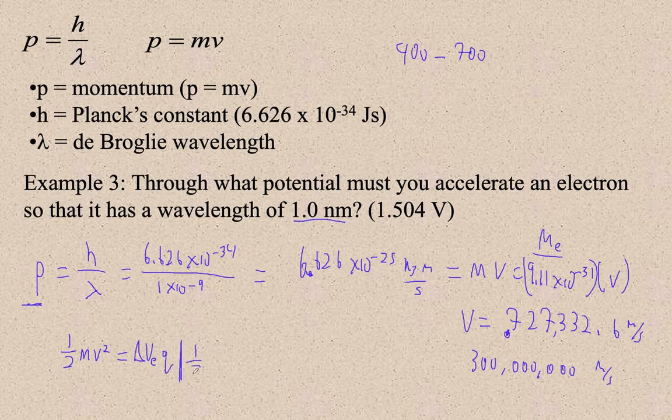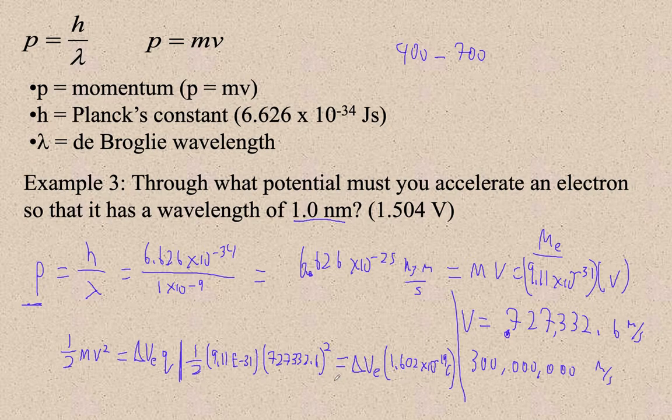So 1/2 times 9.11 e minus 31 times 727,332.6 squared is the change in potential times the charge of an electron, in coulombs. So this will be joules. This will end up being joules per coulomb.